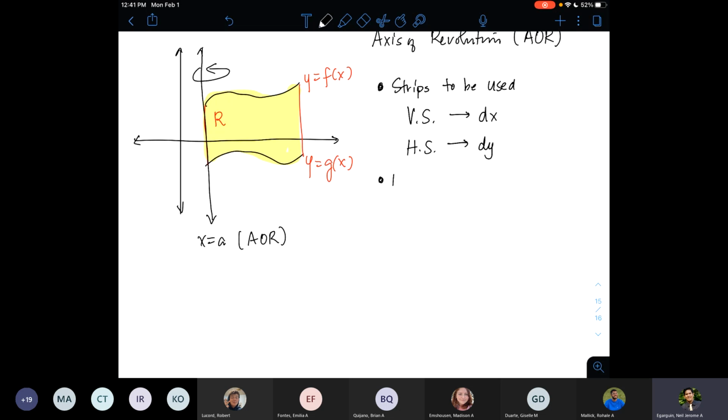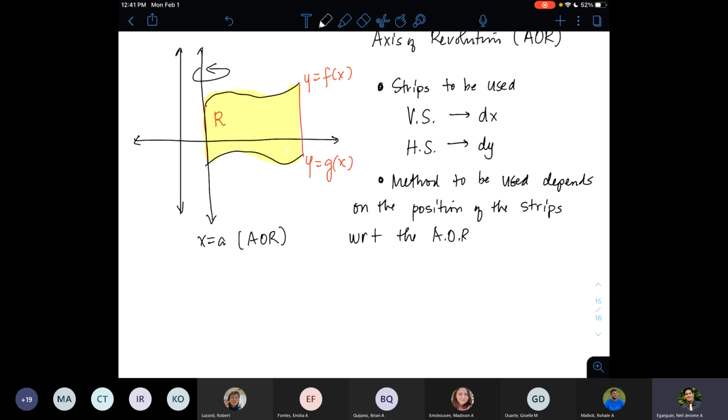But the method to be used depends on the position of the strips with respect to, so I'm going to use WRT for with respect to, the axis of revolution.